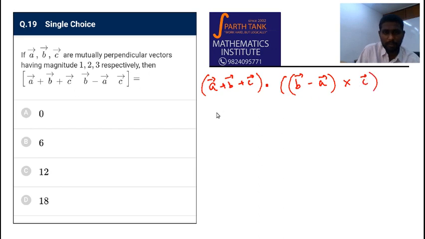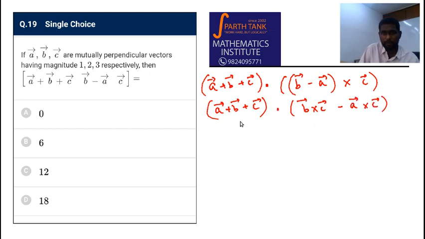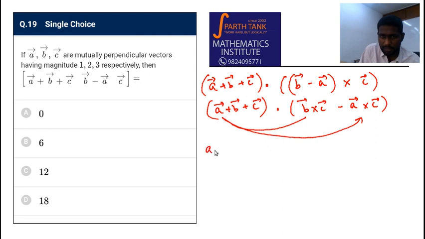Now here I would get a plus b plus c dot b cross c minus a cross c. Okay, now let's take the dot product with each term. So first a into this, and this into this, etc. First is a dot b cross c, then minus a dot a cross c.